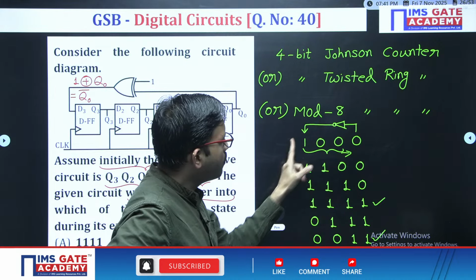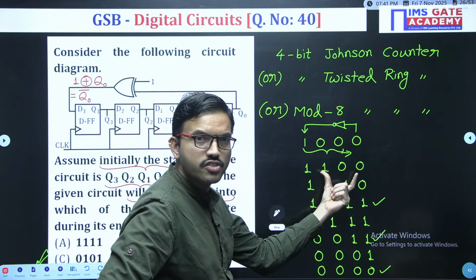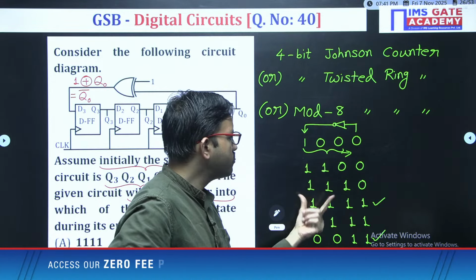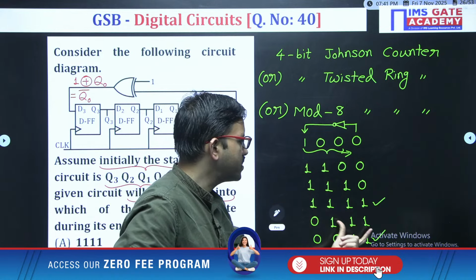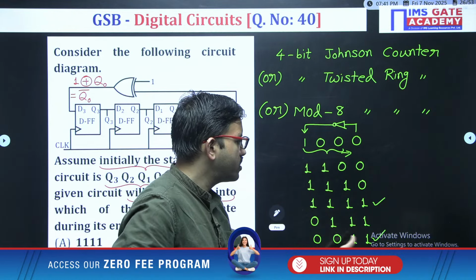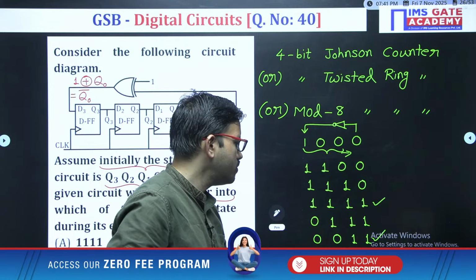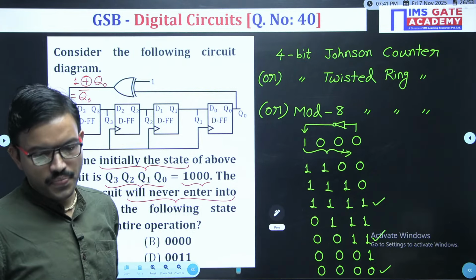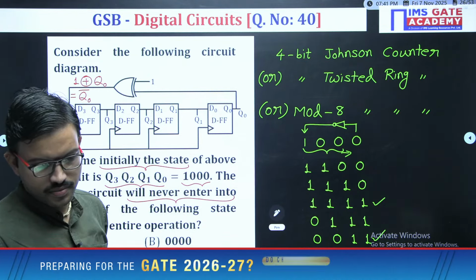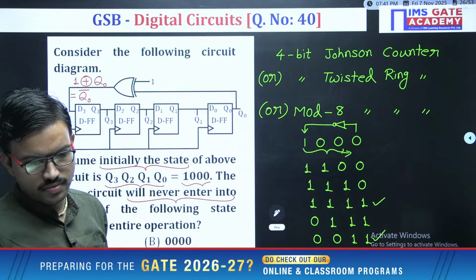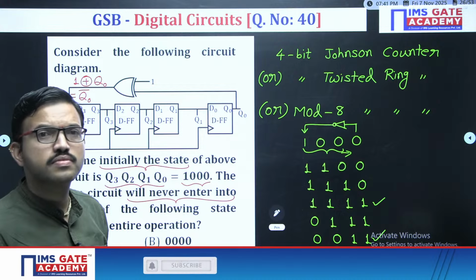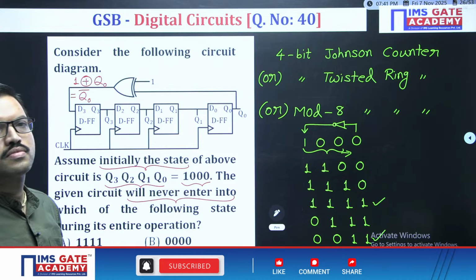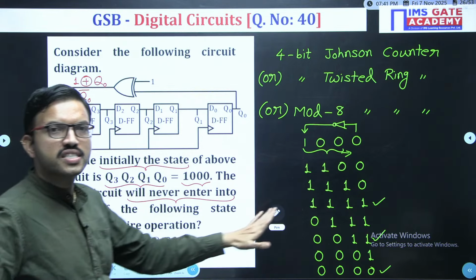So 0 is getting complemented and coming here, and these 3 bits are getting right shift. 0 bar is 1, 3 bits. 1 bar is 0, 3 bits. 1 bar is 0, 0, 1, 1. 1 bar is 0, 0, 0, 1. 1 bar is 0, triple. I hope it is clear now, right?